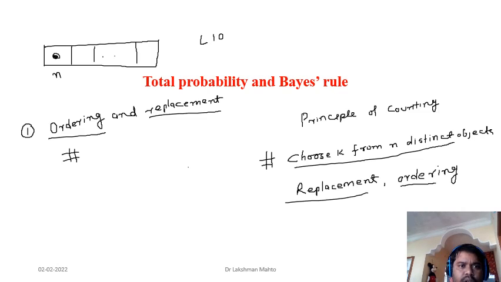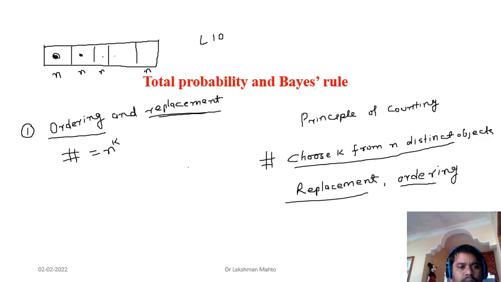Okay. Now, if you come to this box, how many possibilities are there? Remember that there is replacement. So n possibilities. Again, in the next box, n possibilities. Likewise, if you come to the kth box, n possibilities. So the total number would be n to the power k, when there is order and also replacement.